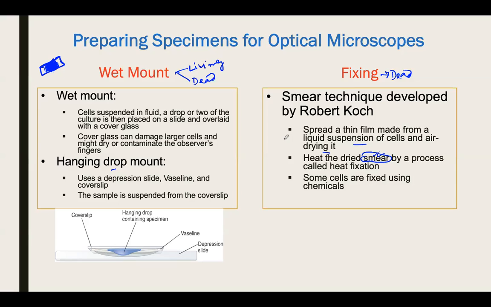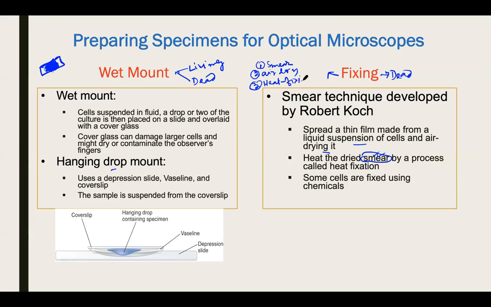So when we are talking about the fixing, there are two things. First, actually, when it is fixing, the first step is making smear. So it's already a sample or specimen is on the slide. Then we actually air dry. And then number 3, we do heat fixing.